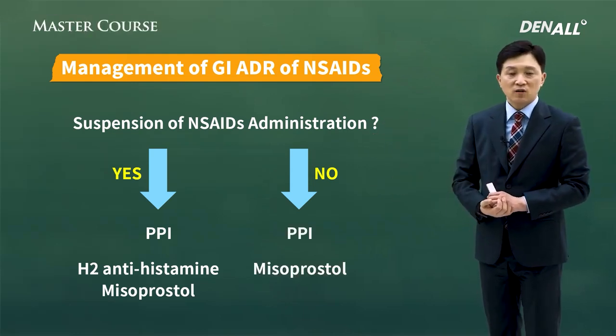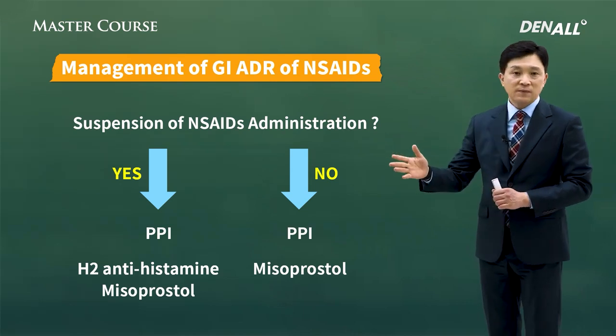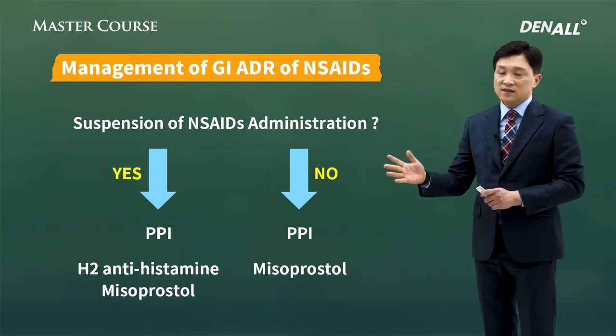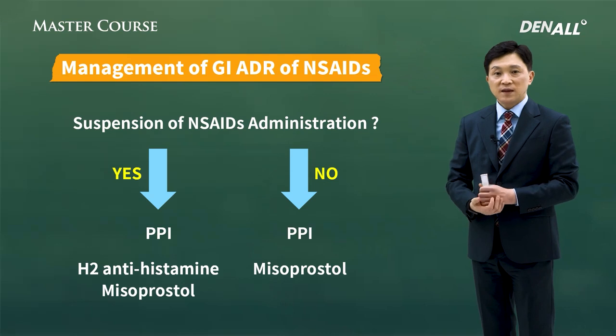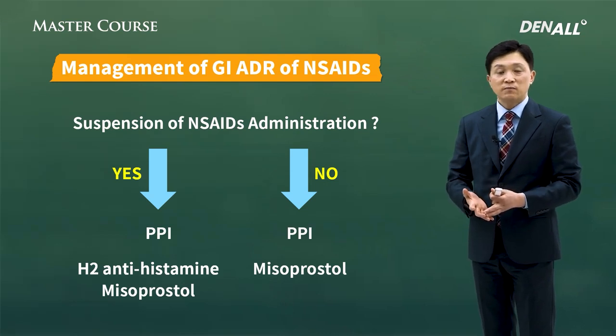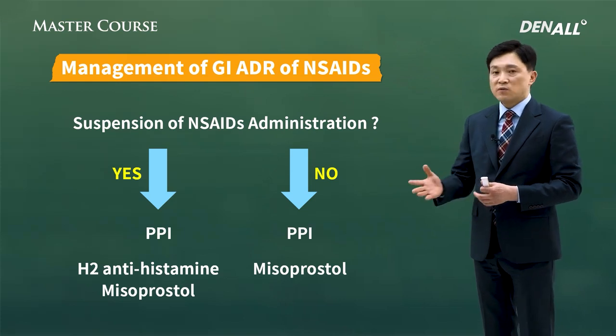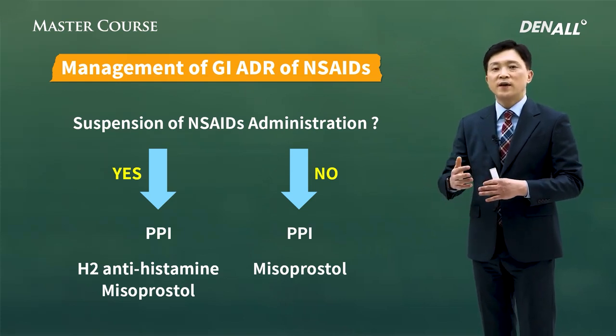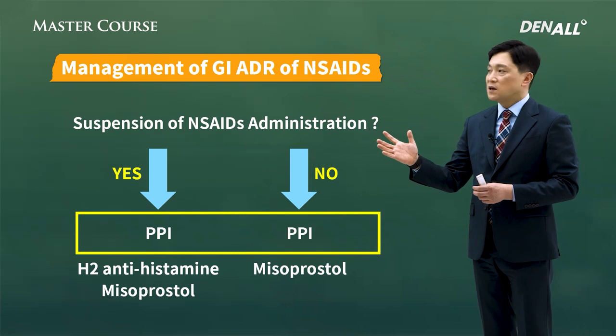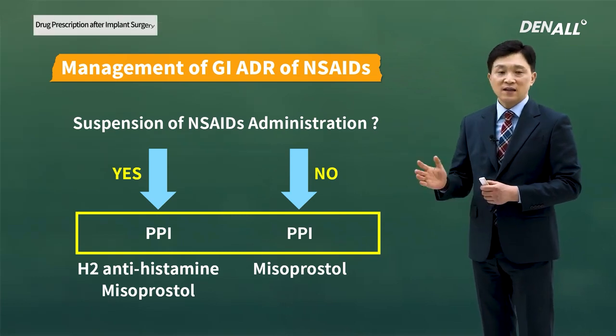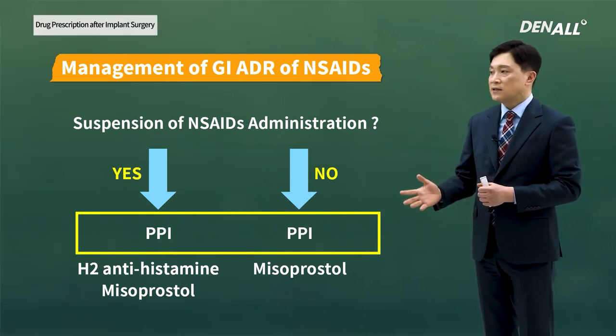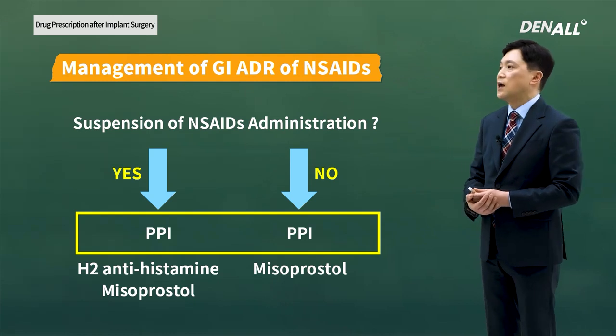Here, H2 antihistamine is not included because H2 antihistamine includes cimetidine or ranitidine. These drugs need high dosage, so for GI trouble case, NSAID should not be used with that drug.